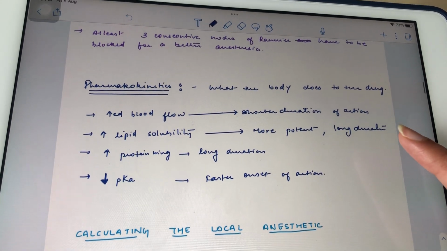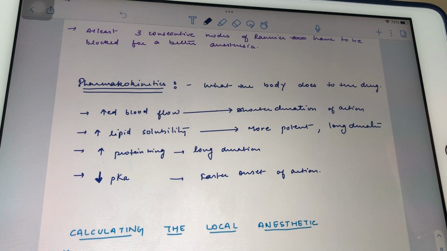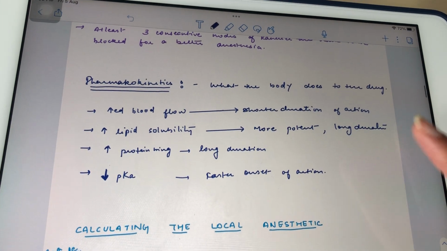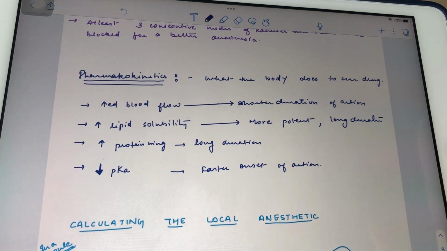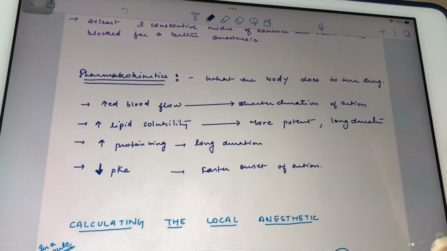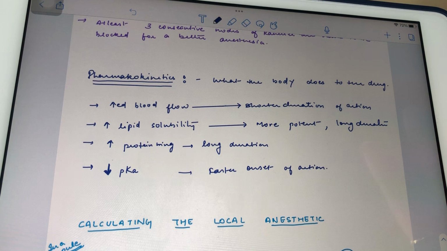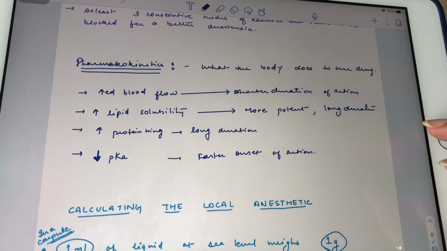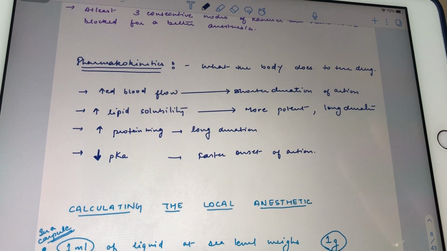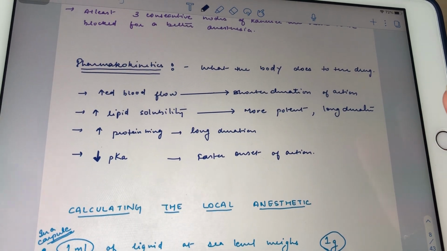So, pharmacokinetics: what the body does to the drug. Increased blood flow means shorter duration of action. For this reason, vasoconstrictors are given so that the vessels around that particular area are constricted and the blood flow is limited.